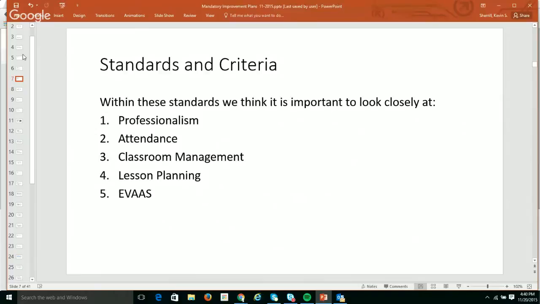Let me see what else we've got here. Talk about the options for principals. If we are rated as satisfactory, we do not have to fear being moved, is the question. So this statute on mandatory improvement plans is separate and apart from the statute about having to make a determination about transferring a principal, demoting a principal, dismissing a principal, or putting a principal on a written plan if you leave them.